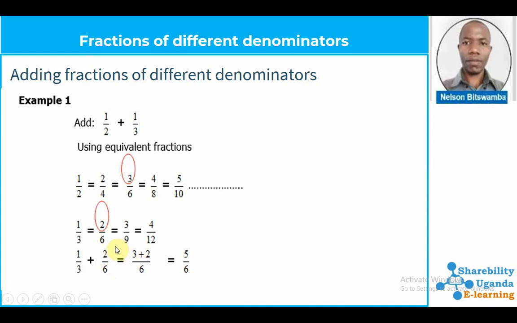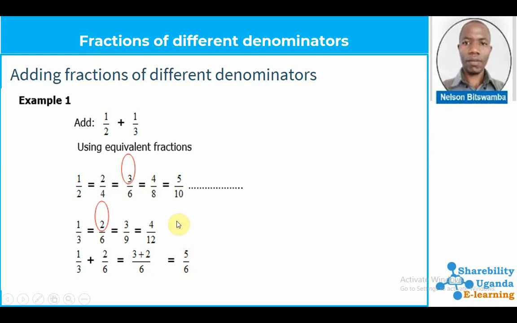We get our denominator, and we just add our numerators, which are 3 out of 6 and 2 out of 6. So when we get our denominator here, we just bring the numerators and add them, so we shall get 5 out of 6.